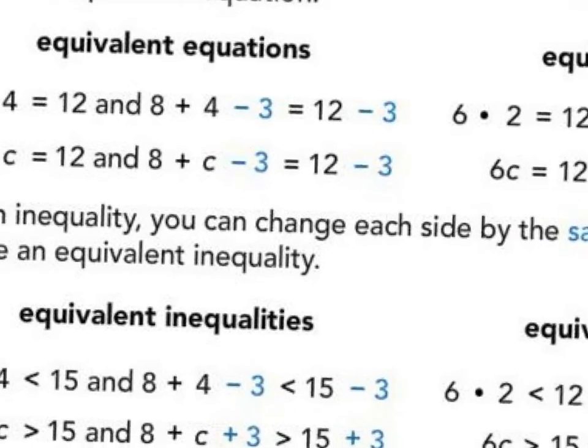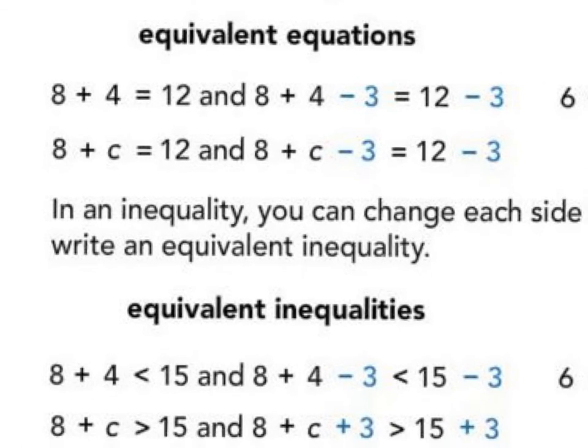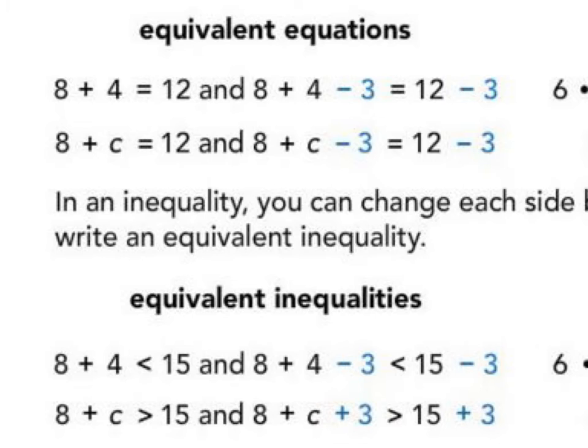So if I move these up a little bit, zoom them, there you go. On the left side of this equation, you have 8 plus 4 is 12, which is the same as 12. What if on the left side, 8 plus 4, you subtract 3?